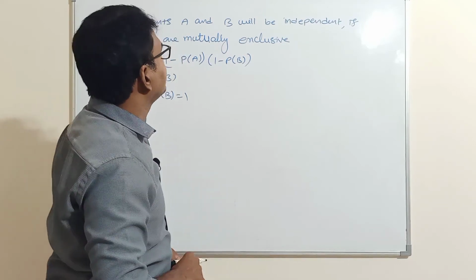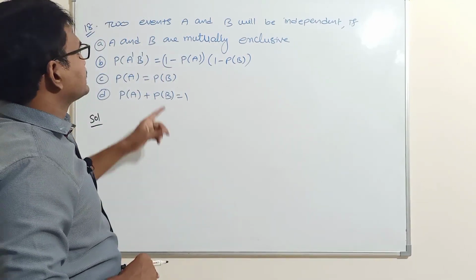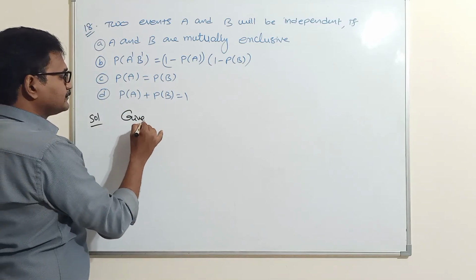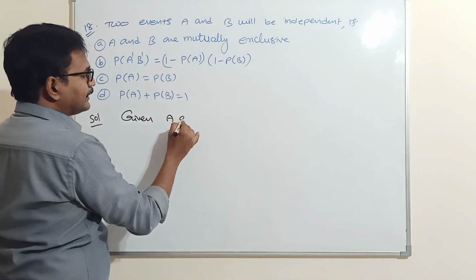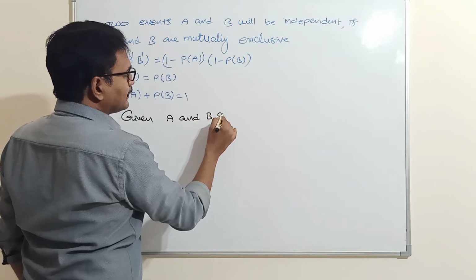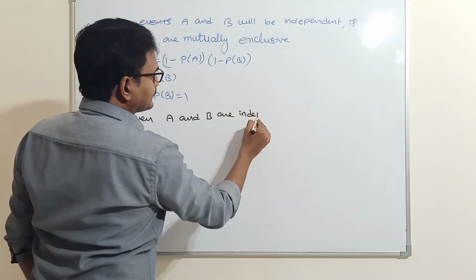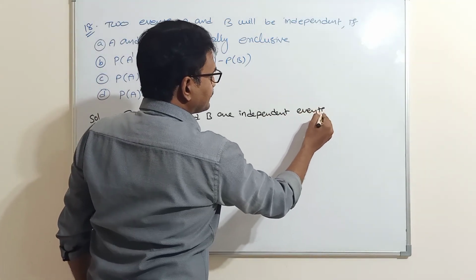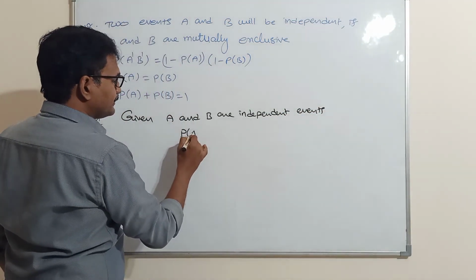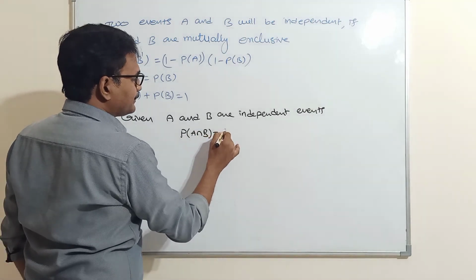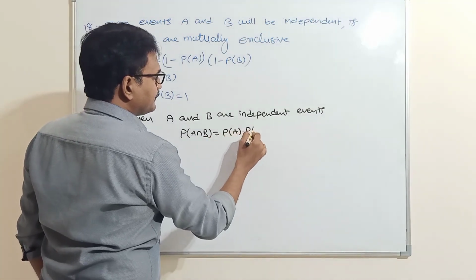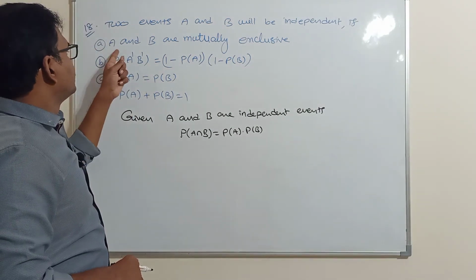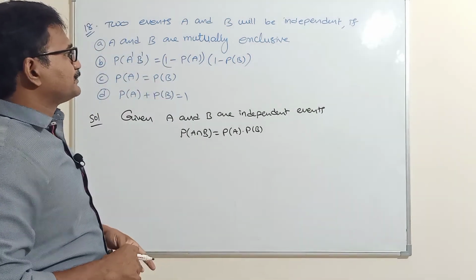A and B are independent events. Two events A and B are independent. Given that A and B are independent events, we know that P of A intersection B is equal to P of A into P of B. So the option "A and B are mutually exclusive" is wrong.